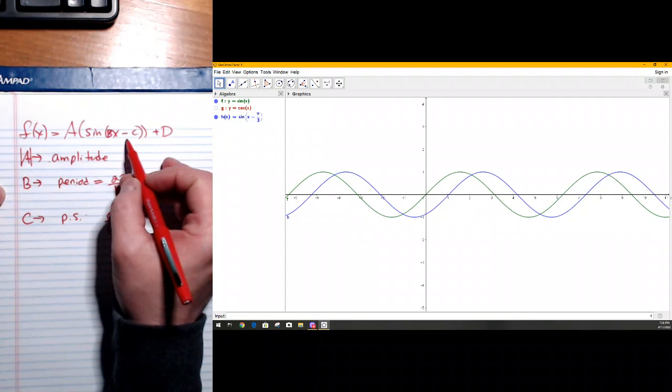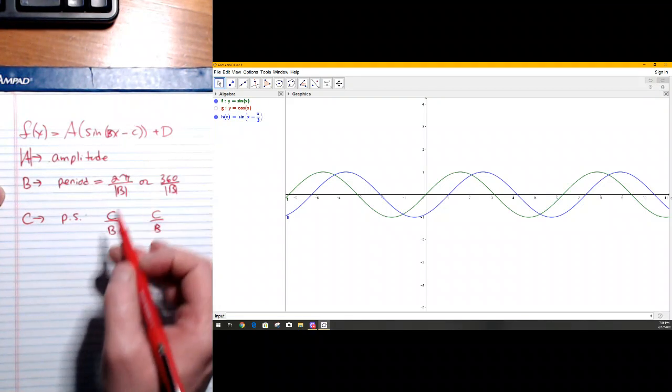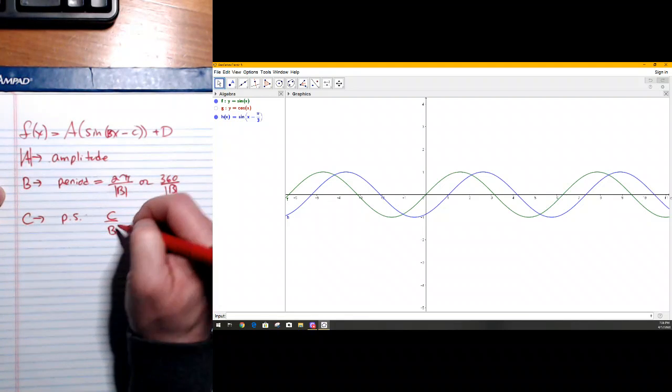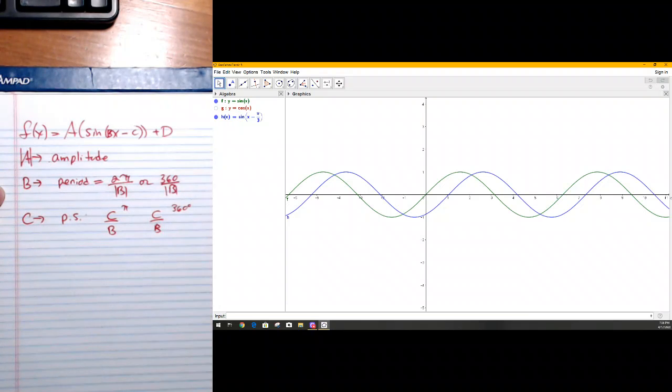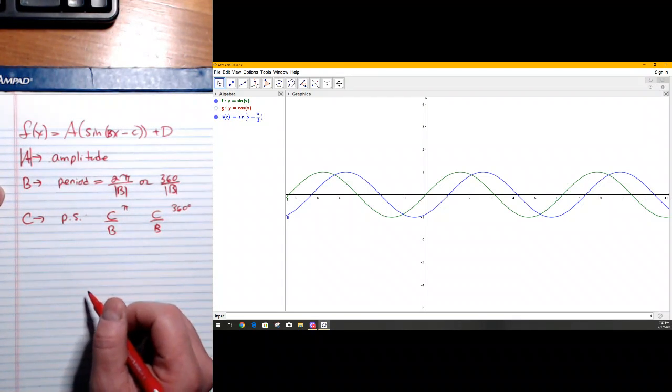So the phase shift represents the amount of our horizontal shift, but you're going to have to take this C and divide it by B in order to get those values. Here we got C divided by B. That's if you're in terms of pi, or if you're doing 360 degrees. Depends if you're using radians or degrees in this case. That's when you would use that.